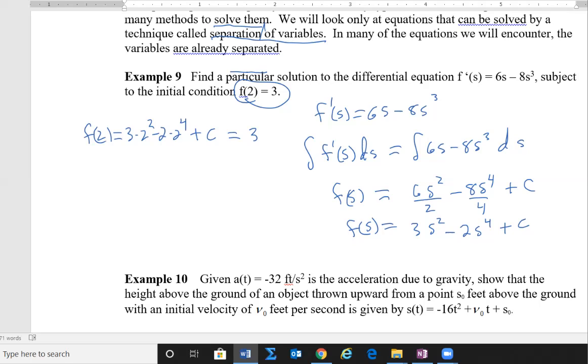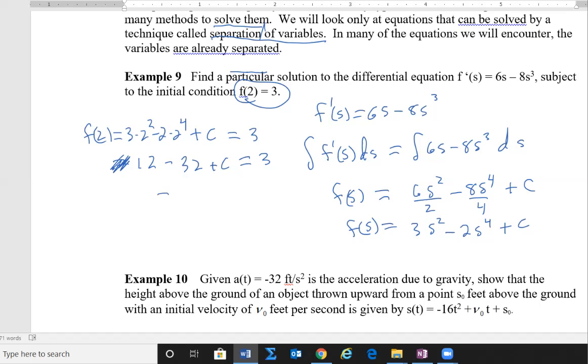So all we have to do is 3 times 4 is 12, minus 32, plus c equals 3. I don't need this extra equal sign here. All right, so now, what is this?